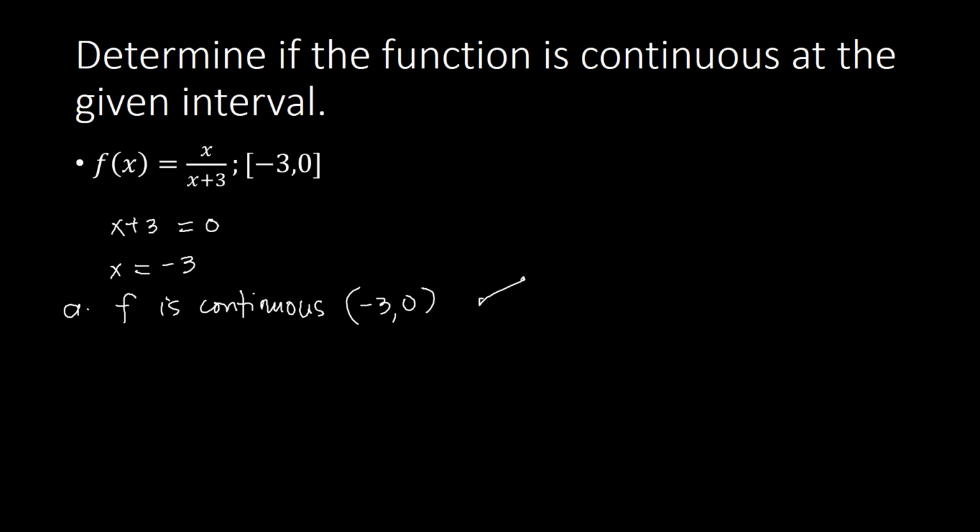Now, next thing is, this is a problematic one because our a here, we are trying to test out whether our limit of f of x as x approaches a coming from the right side will be equal to f of a. So checking up, we have the limit of f of x, which is x over x plus 3, as x approaches negative 3 coming from the right side.